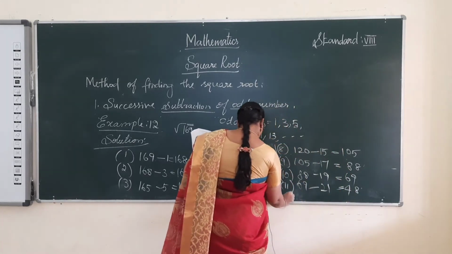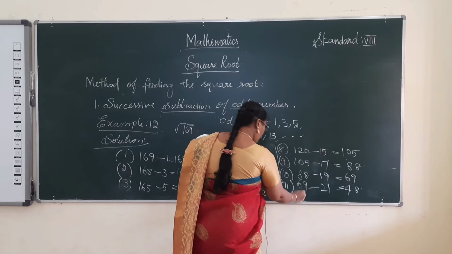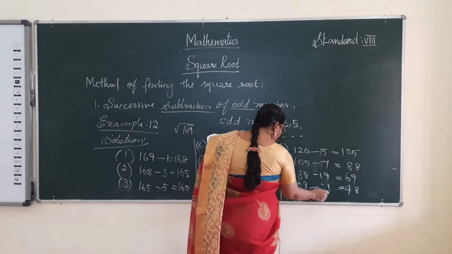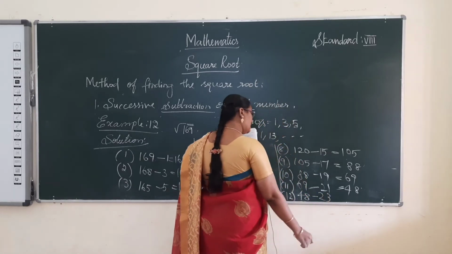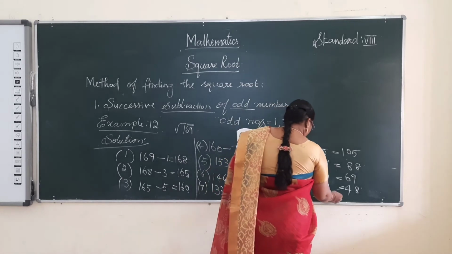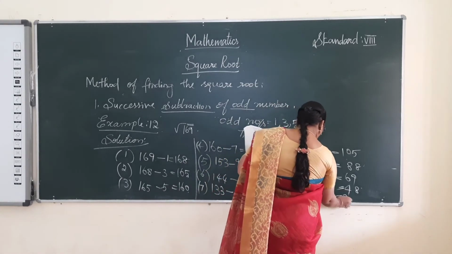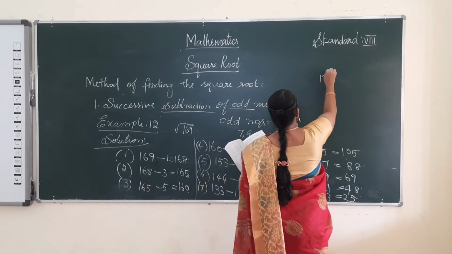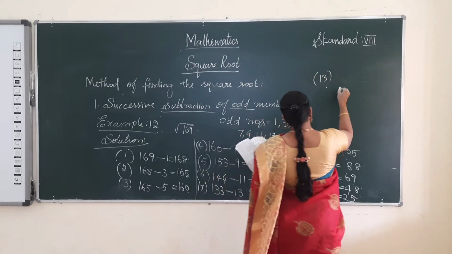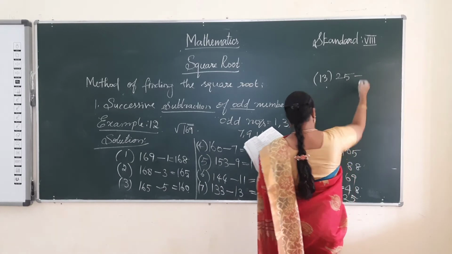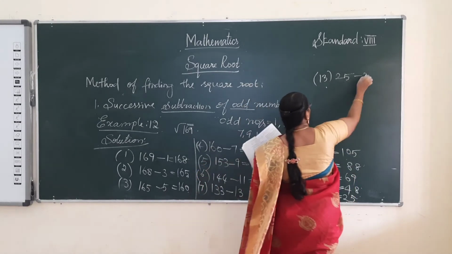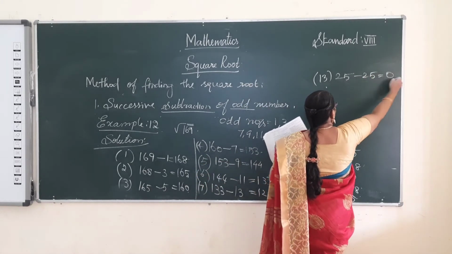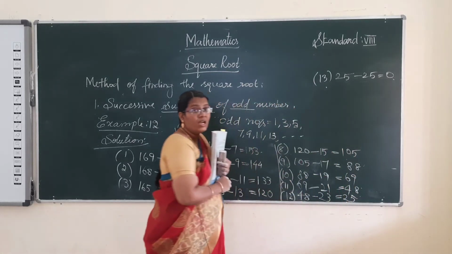And the 12th, 48 minus 23 is 25. And the 13th one, 25 minus the next odd number, which is 25, gives 0.